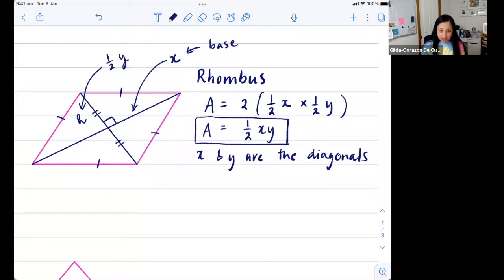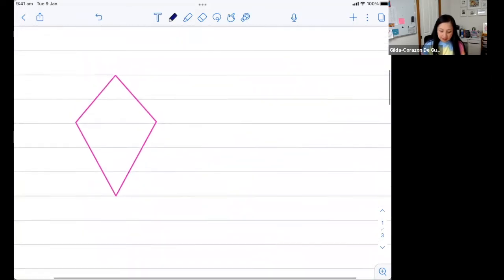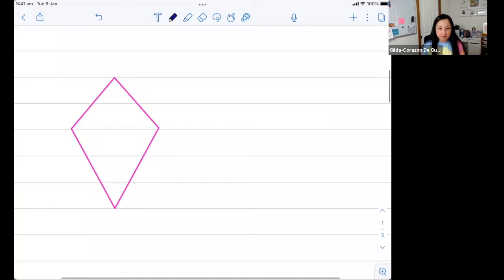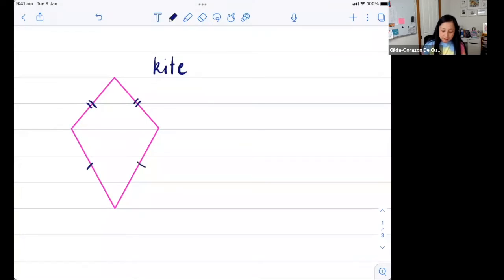Okay, right. How about this one here? We call that a kite, right? What are the properties of kites? We know that the adjacent sides are equal, right? What else do we know? That their diagonals form right angles, yeah?